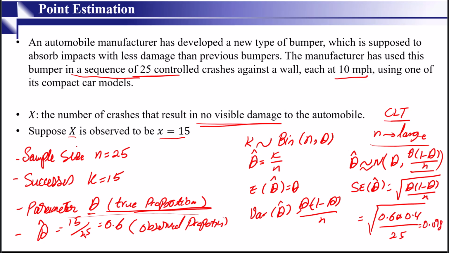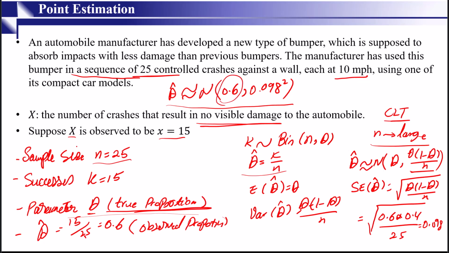So our theta hat approximately follows a normal distribution with mean 0.6 and variance 0.098 squared. We can conclude that the estimator theta hat equals k by n for a binomial distribution with sample size of 25 is approximately normally distributed with a mean of 0.6, a standard deviation of 0.098 and a standard error of 0.098.